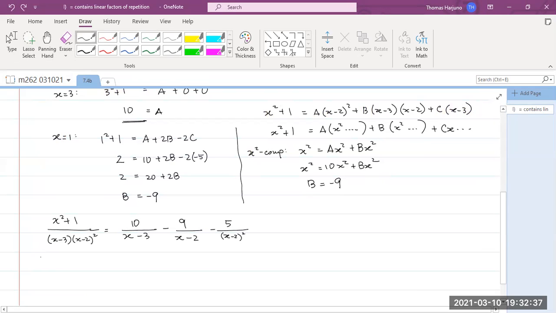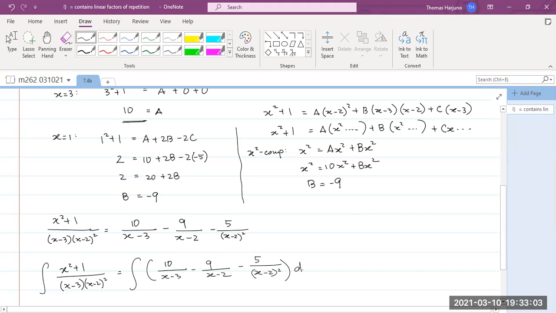Then the next step is to integrate. Of course, the one on the left-hand side is something we cannot integrate until we decompose it partially. So this is the integral of 10 over x minus 3, minus 9 over x minus 2, minus 5 over (x minus 2) squared dx.